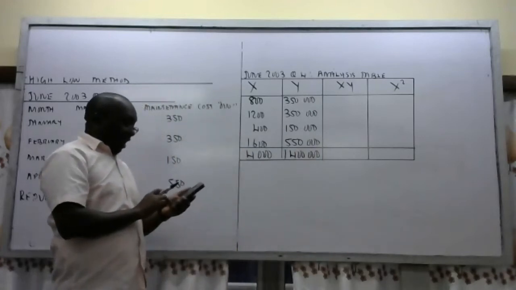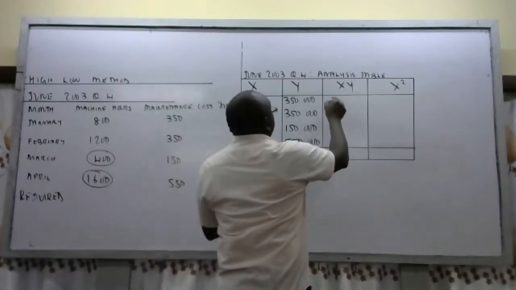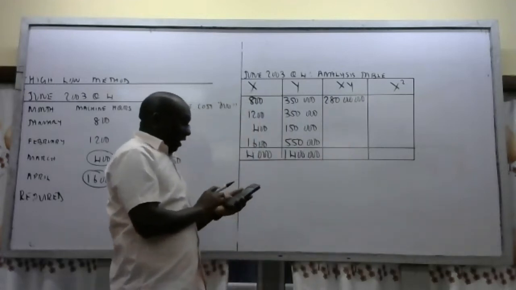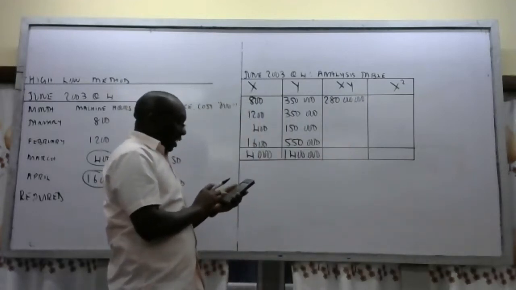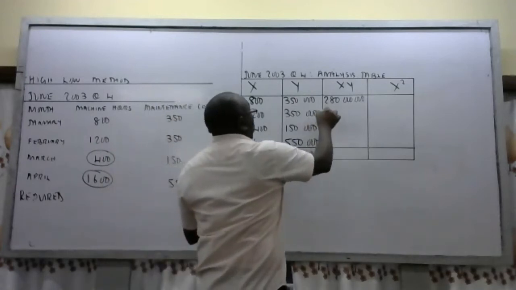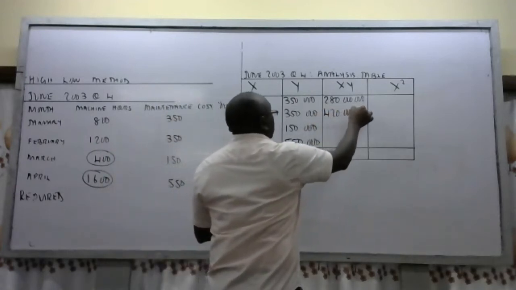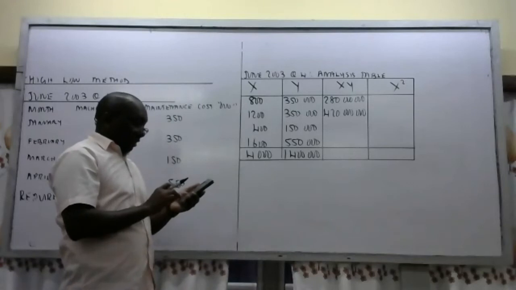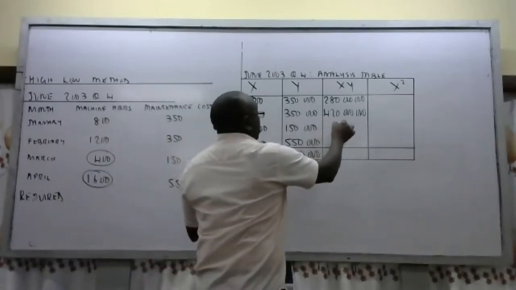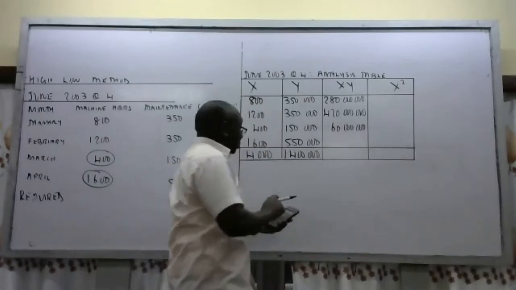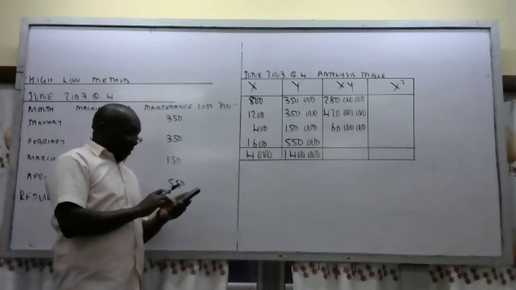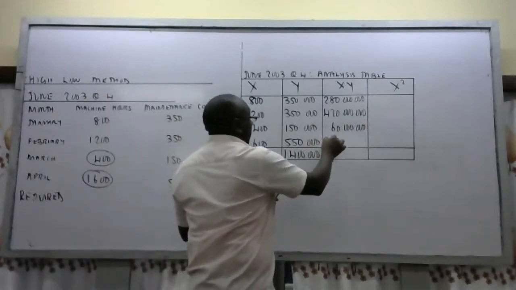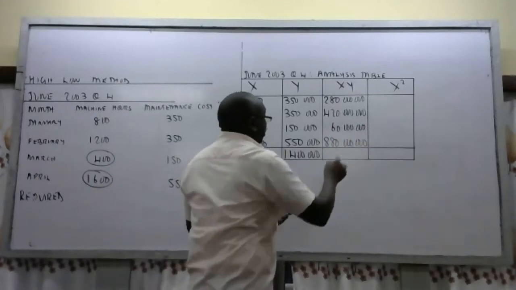800 times 350,000 is 280 million. 1,200 times 350,000 is 420 million. 400 times 150,000 is 60 million. 1,600 times 550 is 880 million.